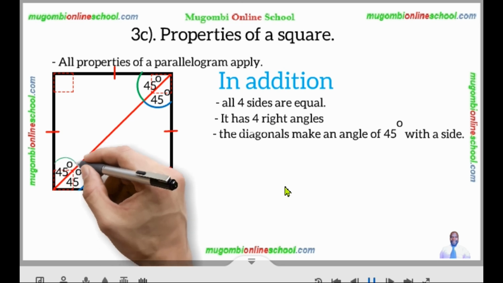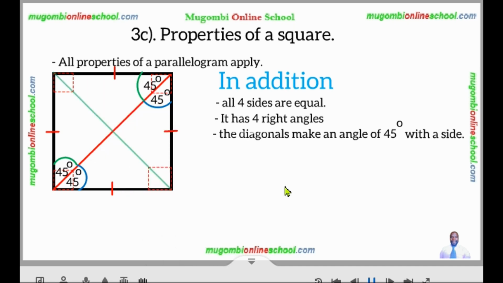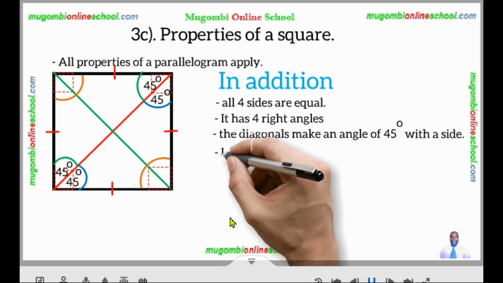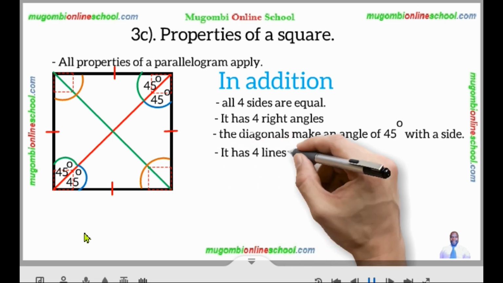This scenario is the same for this diagonal. All these angles are bisected into 2 to make 45, 45, 45, 45. All right, so this is true for a square.